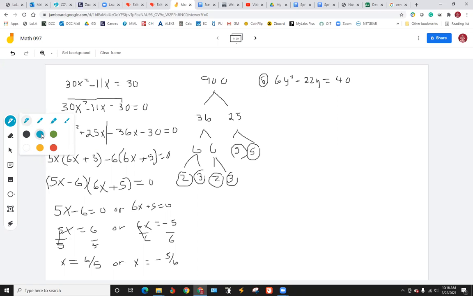And I'll just reiterate, if you can take out a greatest common factor, take it out immediately, and it'll make things easier. And you'll hopefully see that 8 has a common factor of all of those.